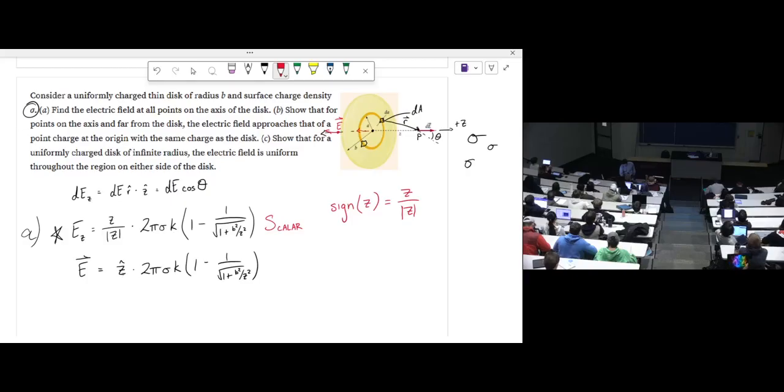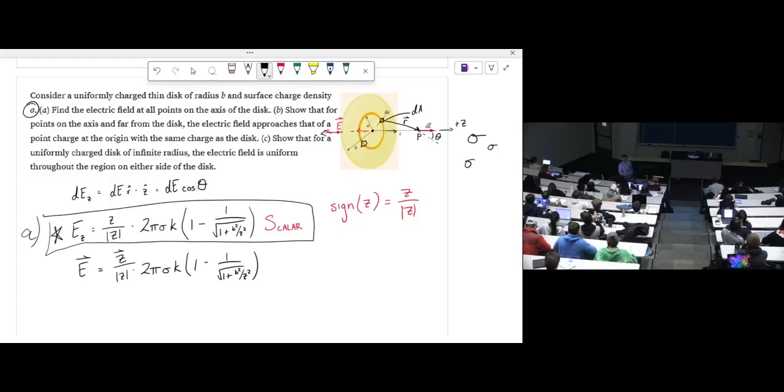Maybe a better way to write this would be z vector over z magnitude, just so that we're not confused that this is pointing just in the plus z direction. But this is what's on your equation sheet right here. Just because if we're only talking about a vector in one direction anyway, a positive or negative sign is enough to delineate whether that's going in one direction or the other.